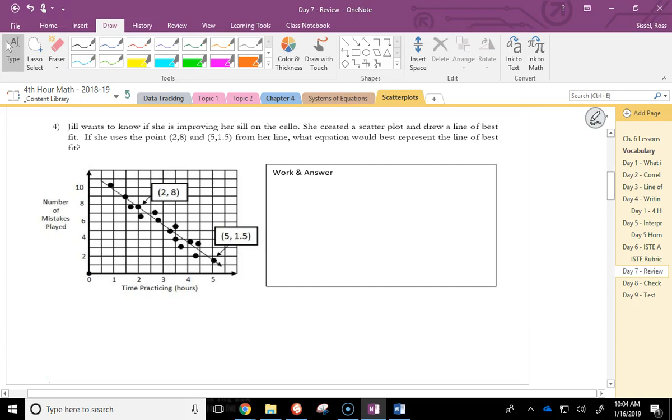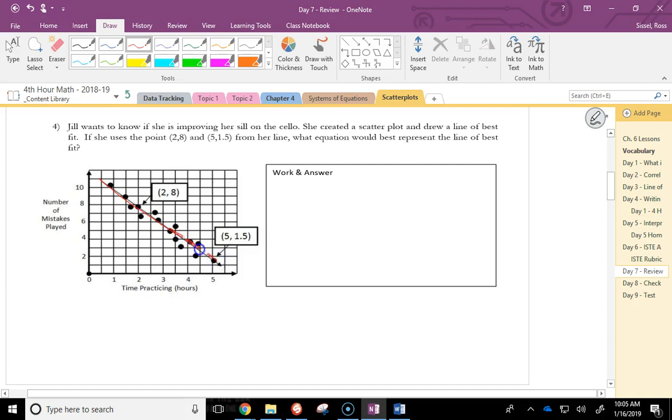This is an important question, because I know this is one of the number one things that we have trouble with, writing the equation of our line of fit. So all these little data points was her tracking how long she practiced and how many mistakes she made. She put them on, and then she drew her line of fit.